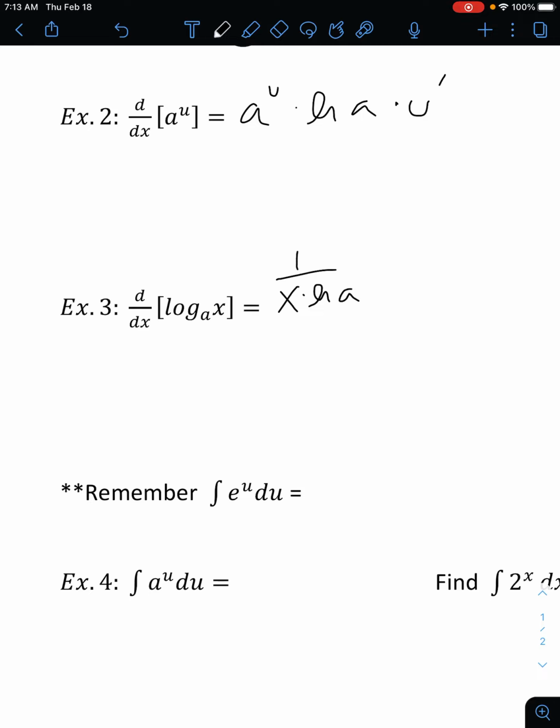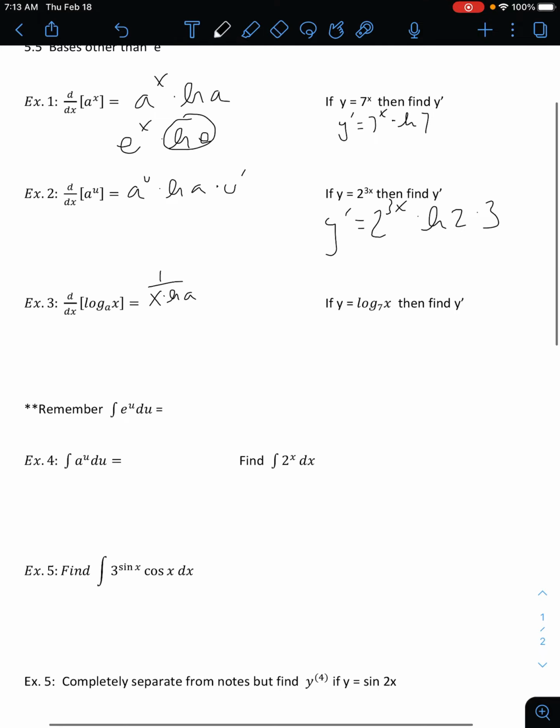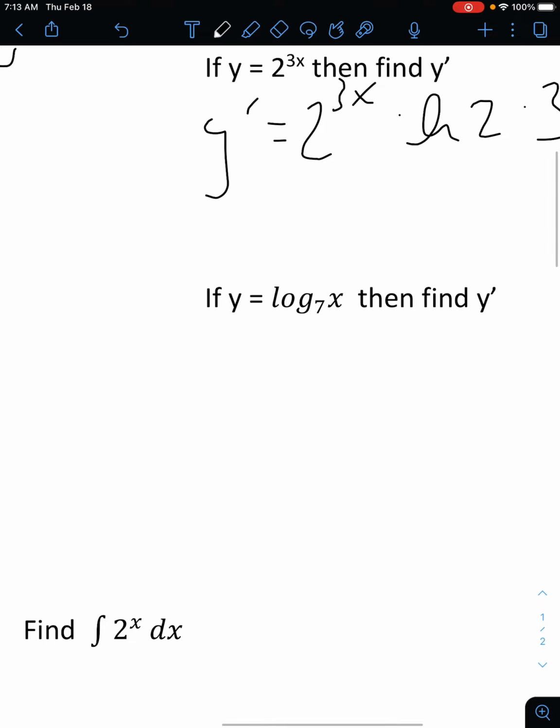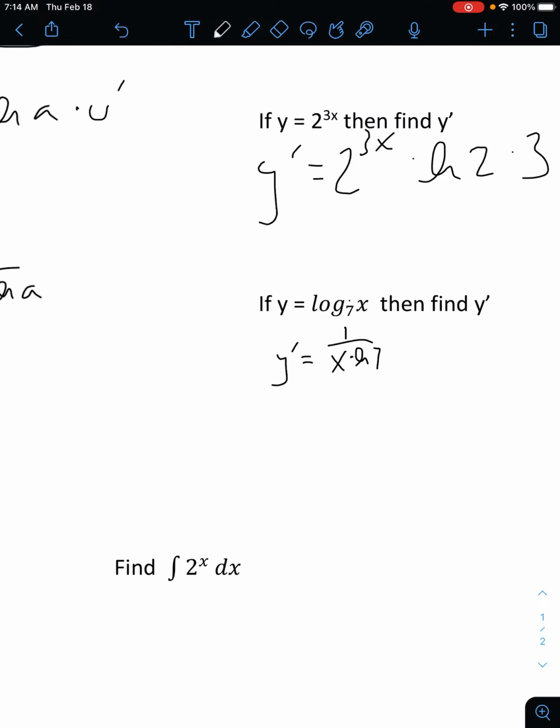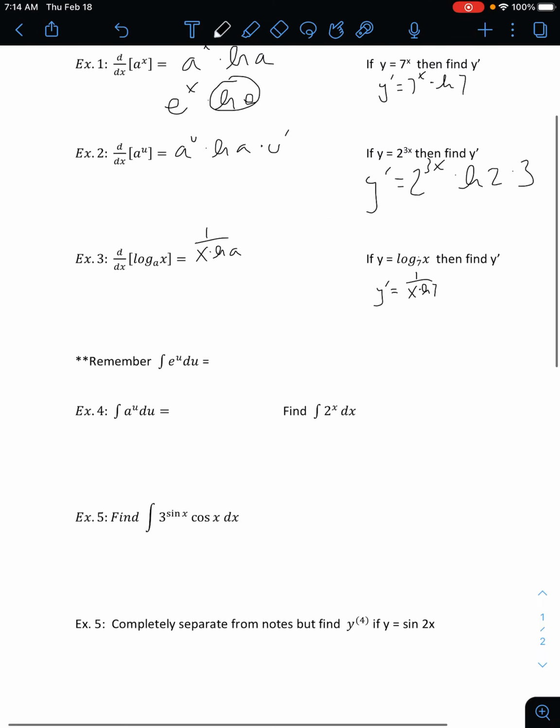So you're not multiplying the whole fraction by natural log of a, you're multiplying the denominator by the natural log of a. And that's what's going to happen over here. So the derivative is going to be 1 over x times the natural log of 7. And that's our derivative rule with logs other than base e.